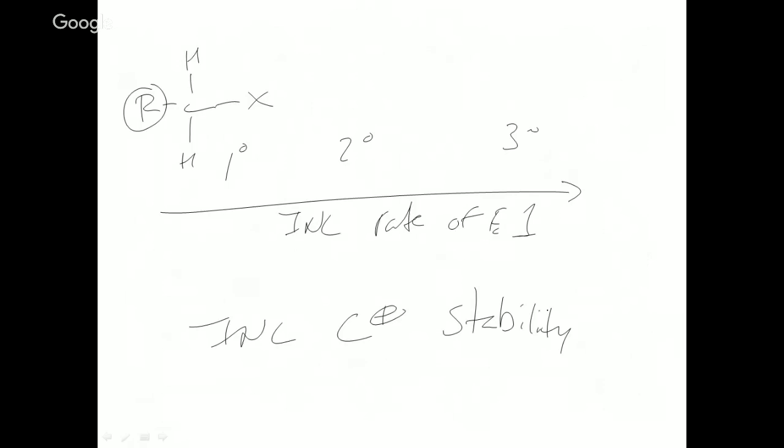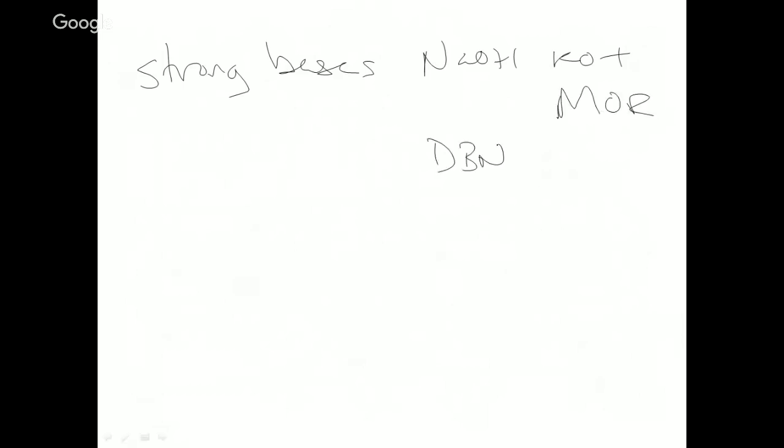So let's do a little review here. Strong bases favor E2. Again, we're going to get into deciphering between the 4 reactions. Right now, we're just looking between E2 and E1. Strong bases, such as O minuses, NaOH, potassium tert-butoxide, or OR in general, metal OR, DBN, or DBU, favor E2. DBU favors E2. You better remember that.